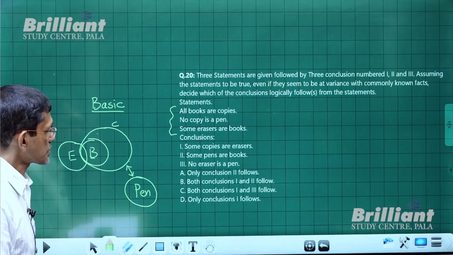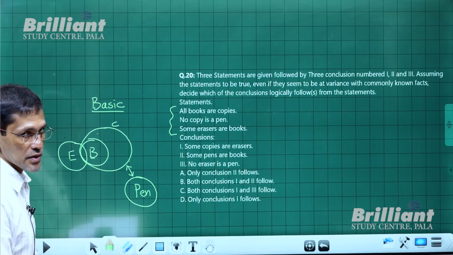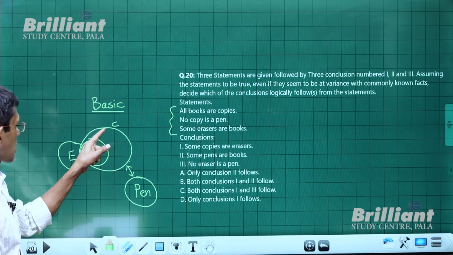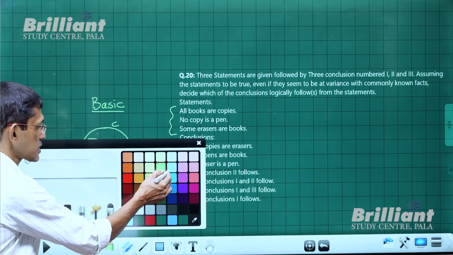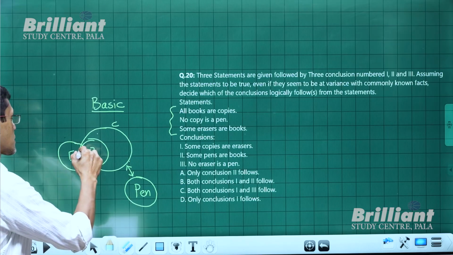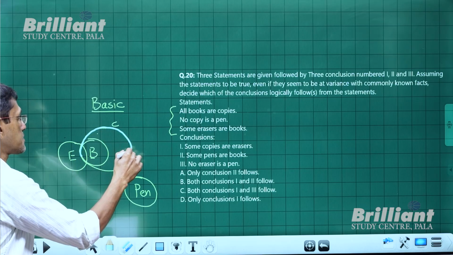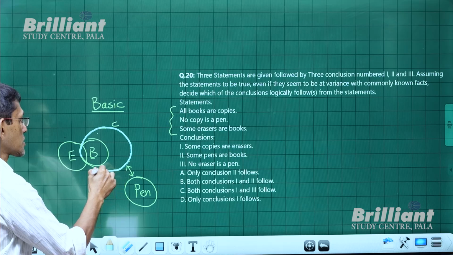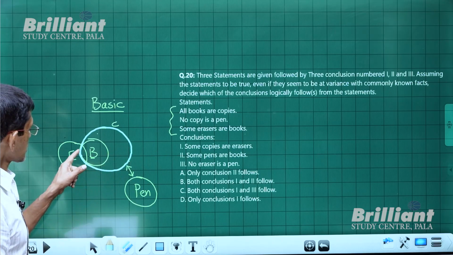Now look at the conclusions. First conclusion: some copies are erasers. Look at the copy circle. Let me draw that copy circle in a different color, blue. So this copy circle is intersecting with what?